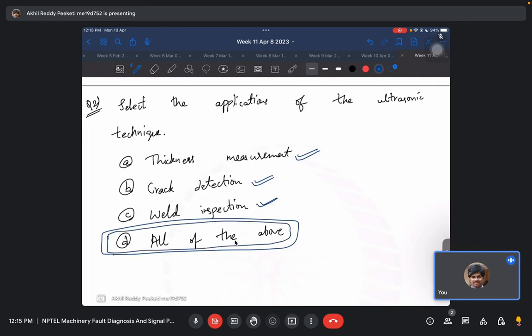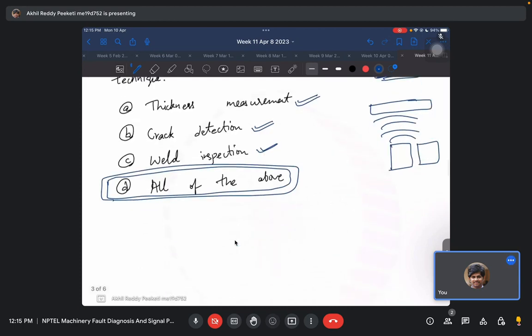The ultrasonic techniques work like this: you have a transmitter or a transducer which generates sound signals, and they pass through the object, and some of the waves get reflected back. So you have a sensing system either on the back or front, based on the type of the material system and the testing technique. You can either detect the reflected waves or the transmitted waves, and with the help of this you can measure the thickness, detect cracks, and also do weld inspection.